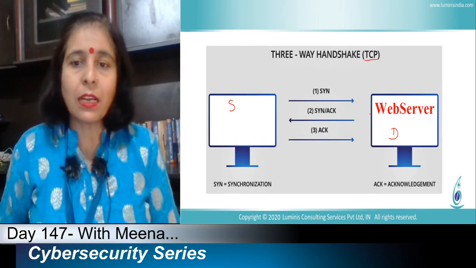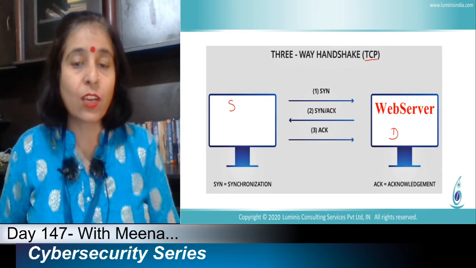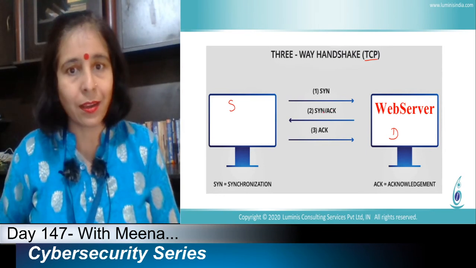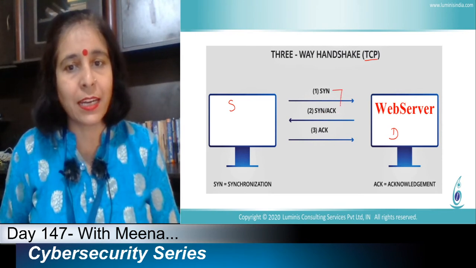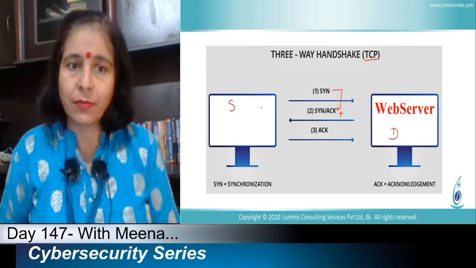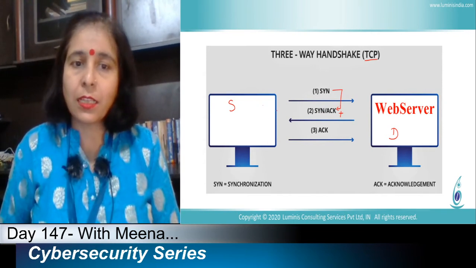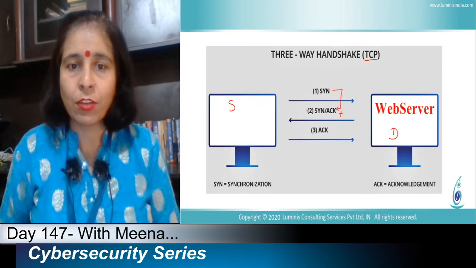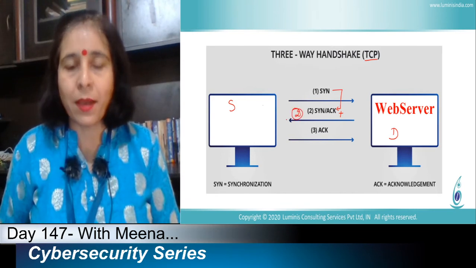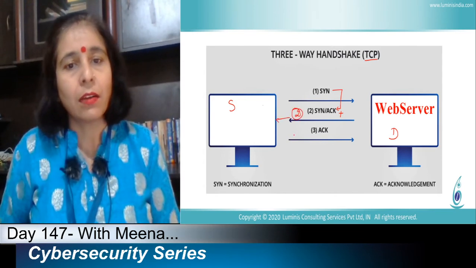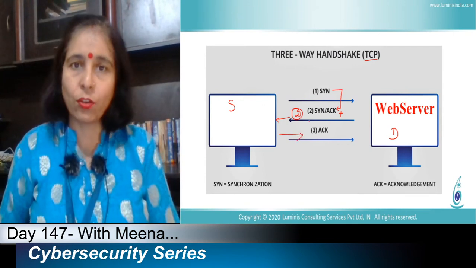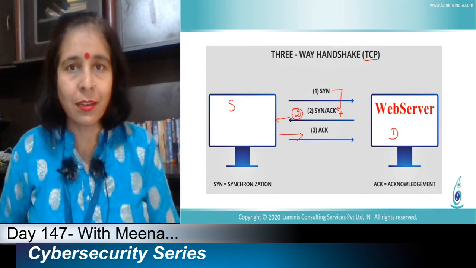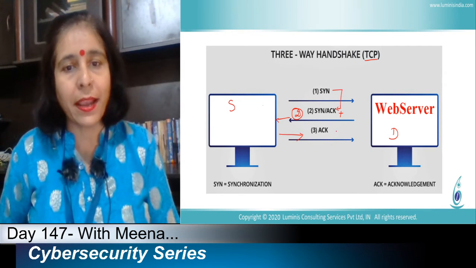Then the server, in reply to that SYN, will send its own SYN and an acknowledgement, with the number plus 1. When the source receives these two messages, it will send, yes, I received your SYN, and now here is my acknowledgement.